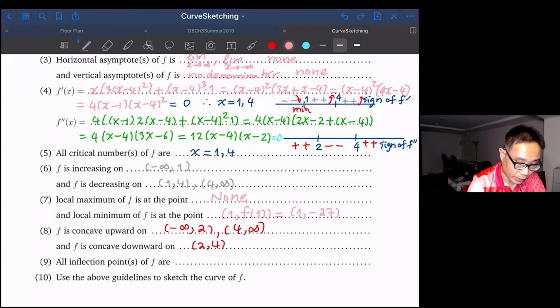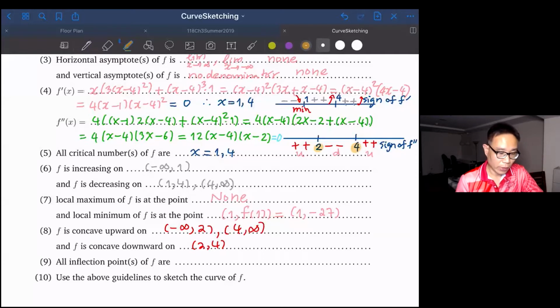Let me write here: up, down, up. So you will get two inflection points, which are at 2 and 4.